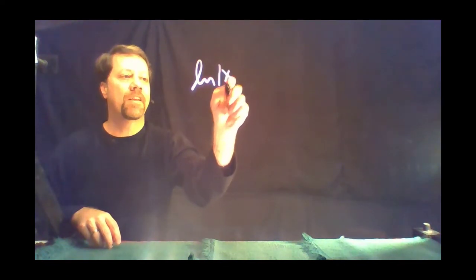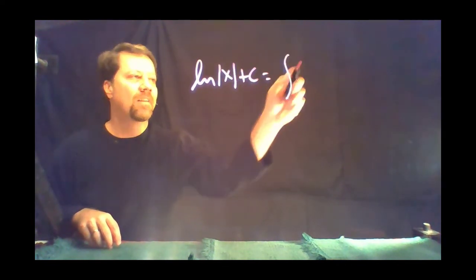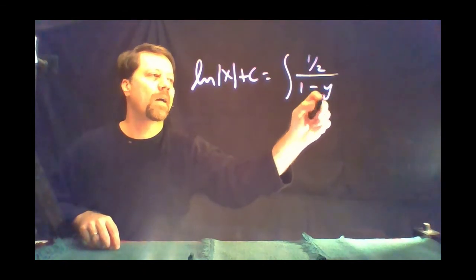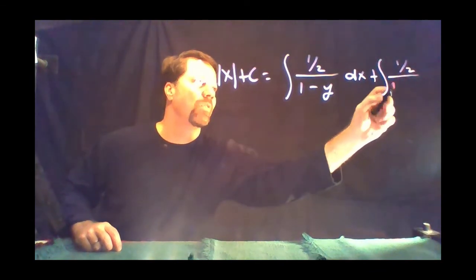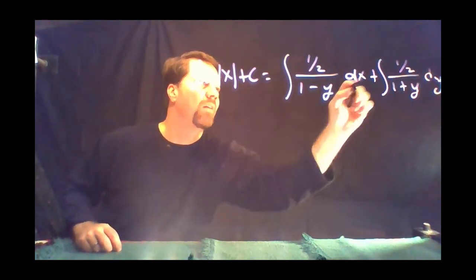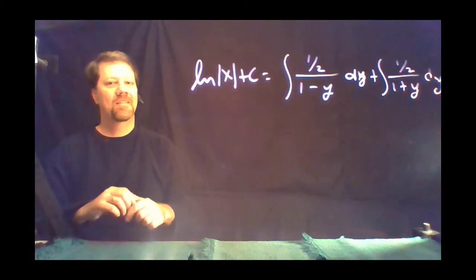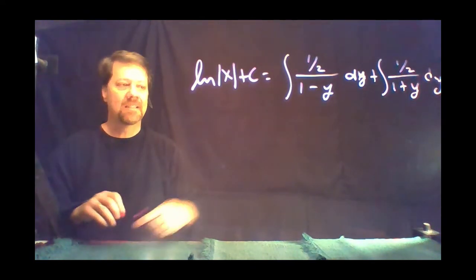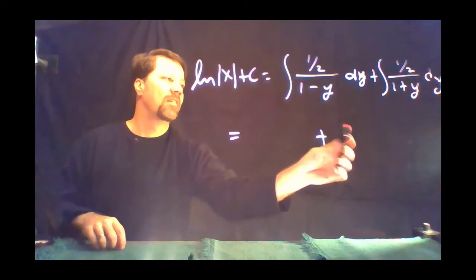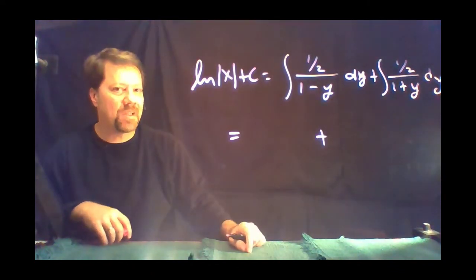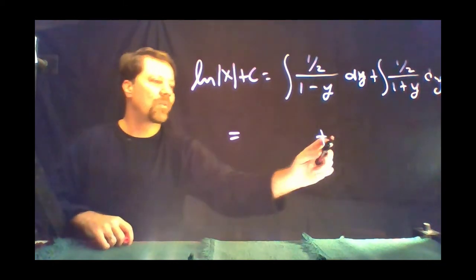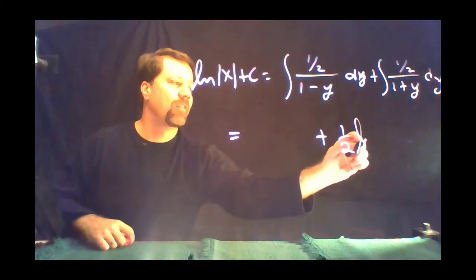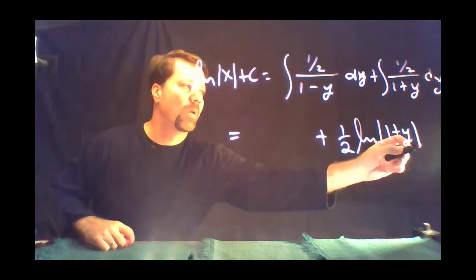Collecting our results, we'll have the natural log of the absolute value of x plus c is the integral of 1/2 over 1 minus y plus the integral of 1/2 over 1 plus y dy. Now the second integral is pretty easy because the derivative of 1 plus y with respect to y is 1. So that integral will be 1/2 log absolute value of 1 plus y.